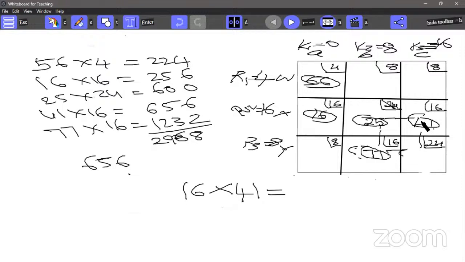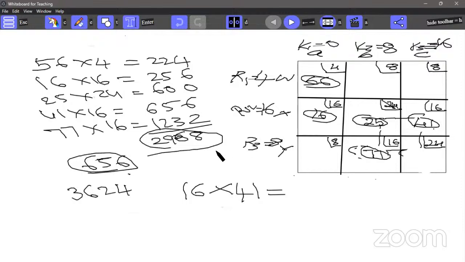Previous cost was 3,624. Now the cost of the new allocation is 2,968. Didn't I save 656 rupees? Yes, ma'am. Isn't this a better solution? Yes, it is better.